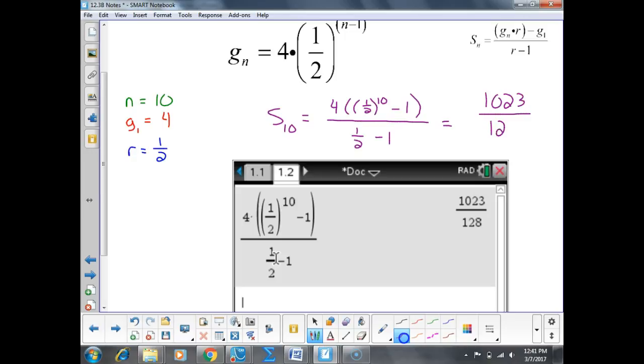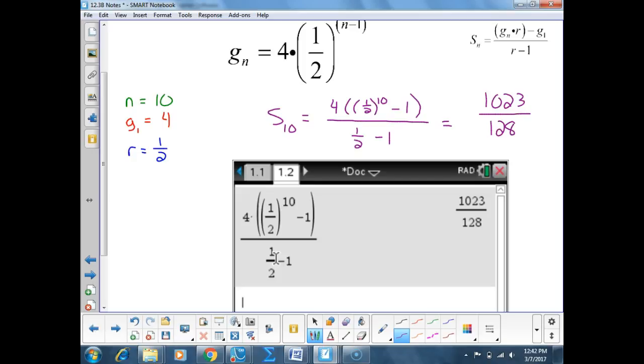I have 3.9. Then you did something wrong. You should have got 7.99218. Why don't you just plug negative 0.5 in the bottom instead of going 1/2 minus 1? It's a lot of extra steps. That's right. I'm okay with using my calculator.